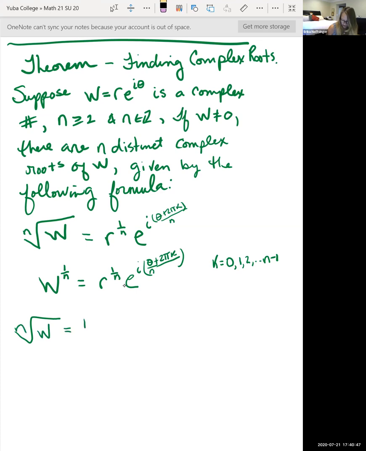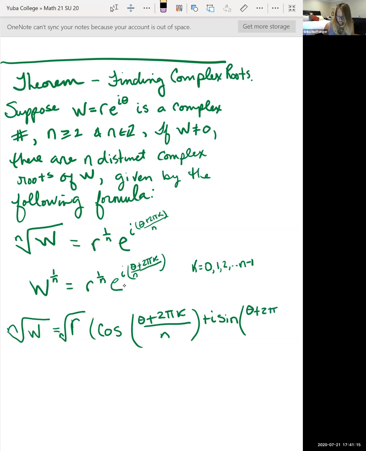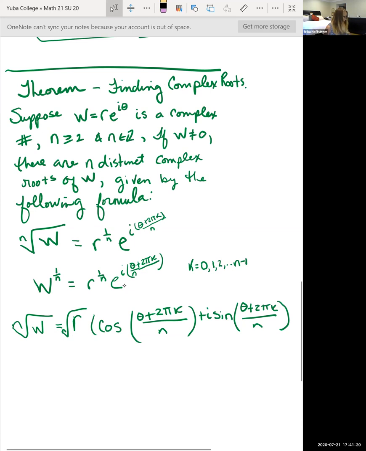So this would be r all raised to the 1 over n power, or we can think of it as the nth root of r, and this is cosine of theta plus 2 pi k all over n, plus i sine of theta plus 2 pi k over n. Okay, so let's look at an example.